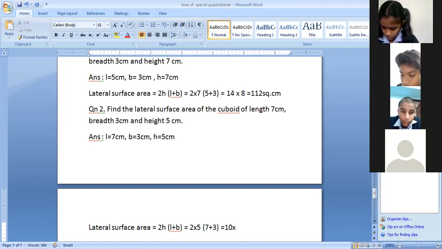What is the answer for the second question? 100 square centimeter.